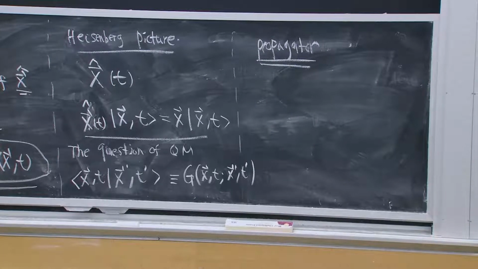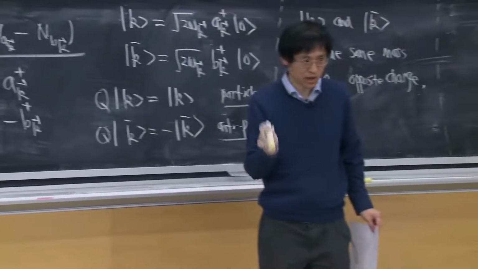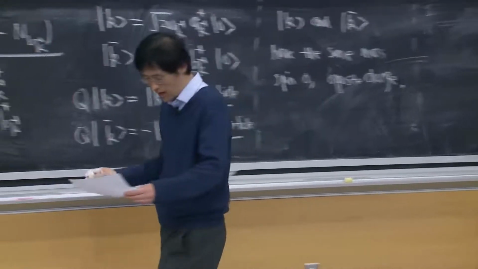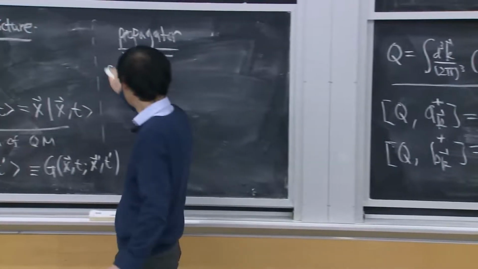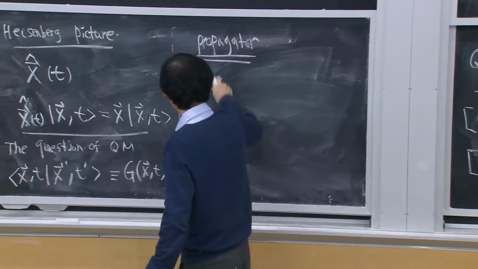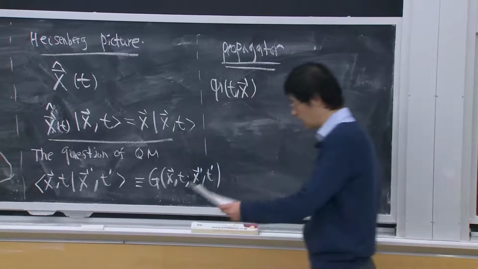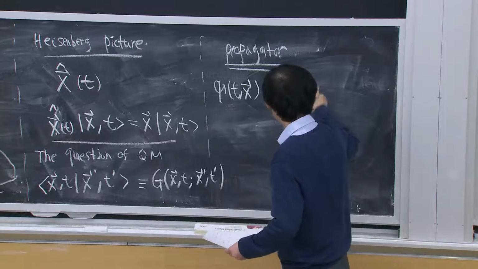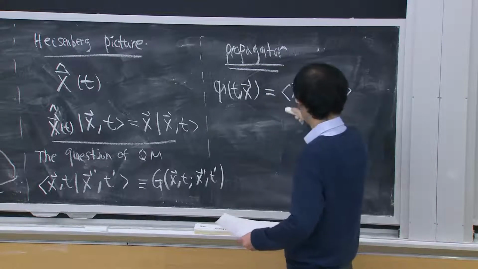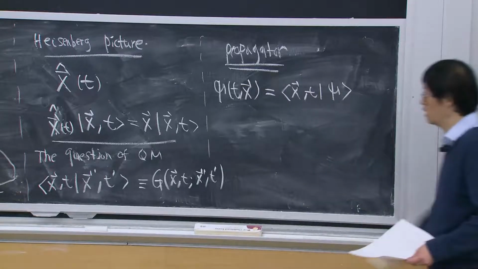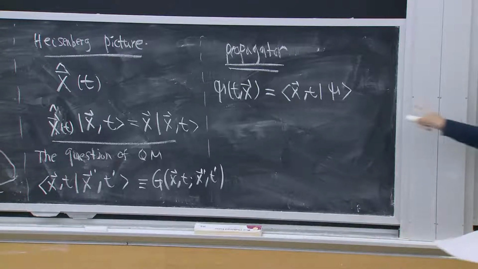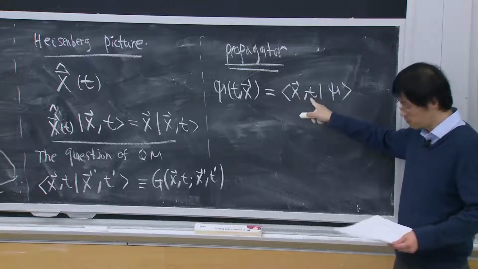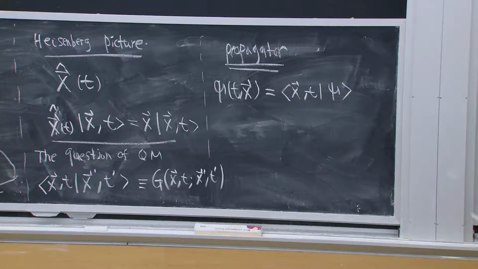If you know the propagator of a quantum system, then you have full knowledge of that system; you have already solved it. Why? Let's say we want to find psi t x, the wave function at time t. By definition, this is the psi overlap with the position vector at time t, in the Heisenberg picture.